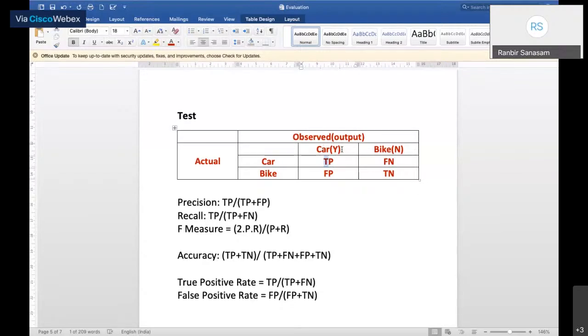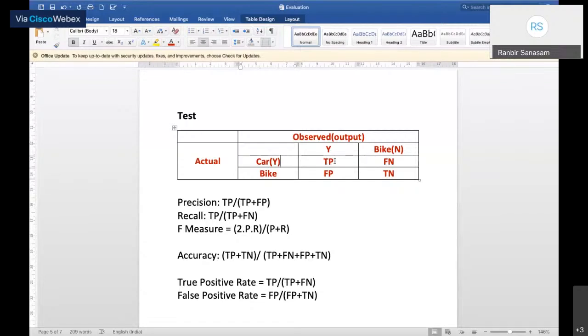They are positive as they are predicted as yes, and it is true. They are car. Can you follow this? True positive means the classifier is predicting the sample as positive, and it is actually positive. That means the classifier is predicting a car, and they are actually car.